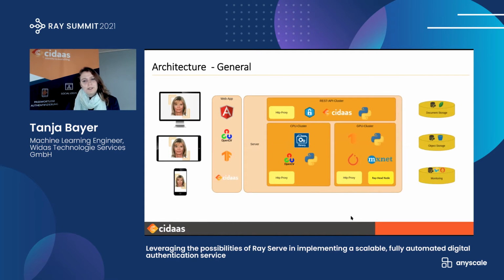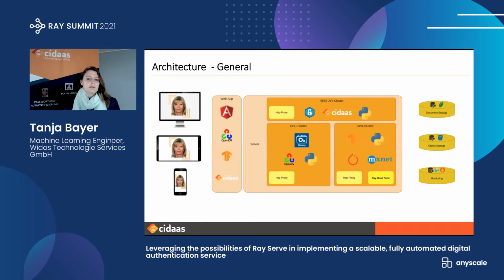So after we decided to switch to Ray Serve, and we came up with this idea of how we can implement our architecture, we had a closer look at how we can design our cluster. We came up with the idea to split up our cluster into three different smaller clusters.